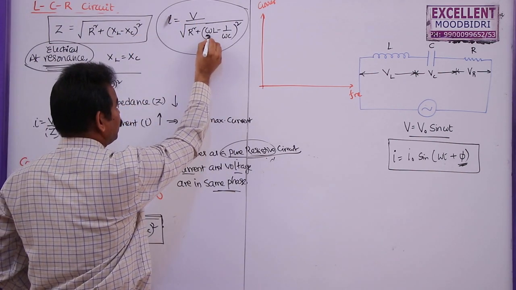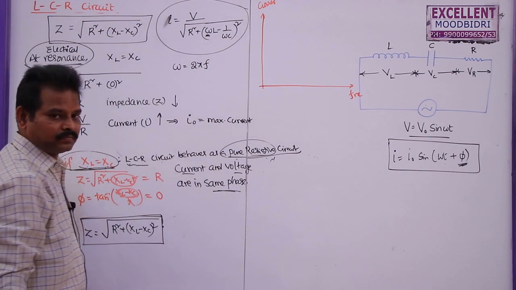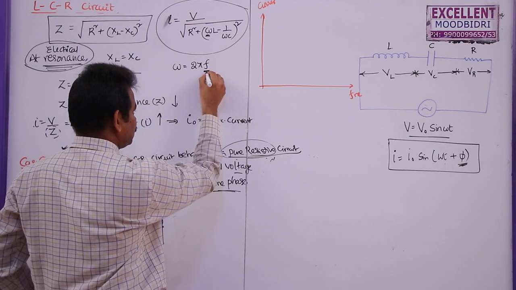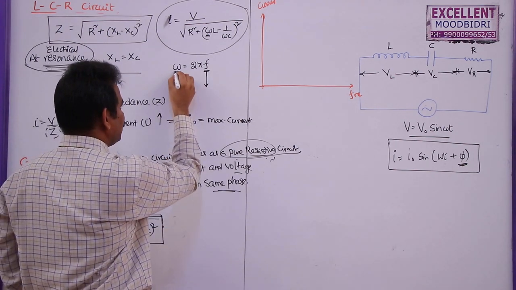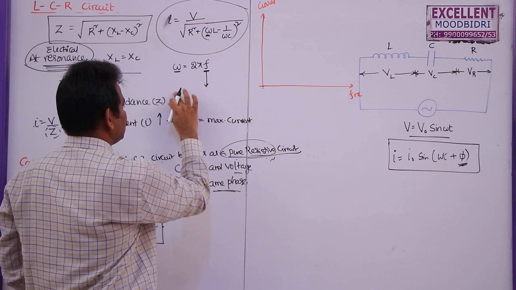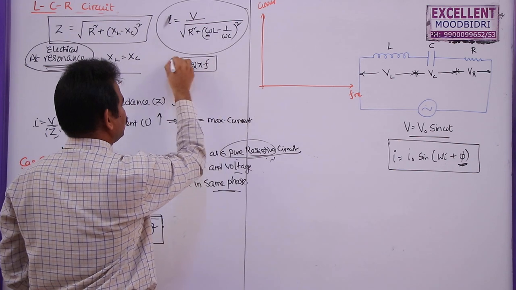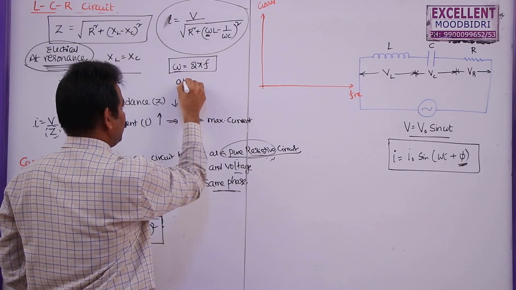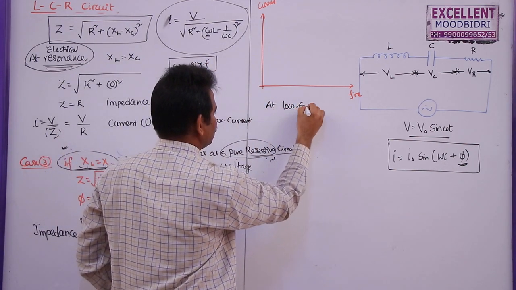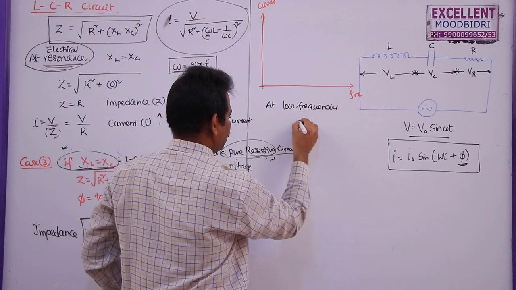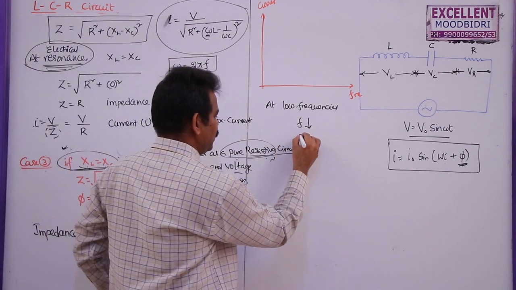The omega can be written as 2 pi f. At low frequencies, f is less, so omega will be less.